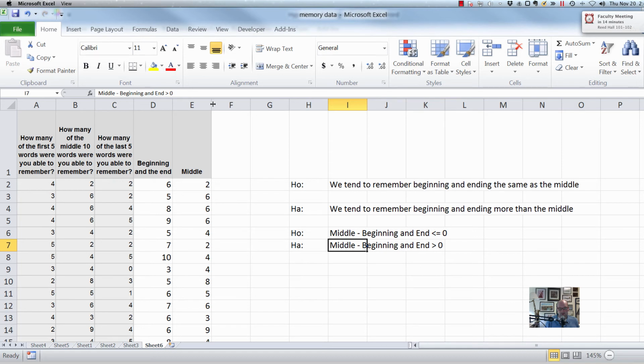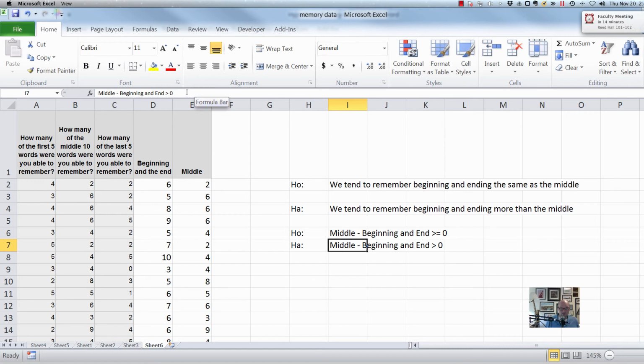And in this case, the middle minus beginning and end is greater. Is this right? Let's see, make sure. So say the middle average was like 6, and the beginning and end was like 10, which seems crazy. That number minus that number is -4. Yeah, less than or equal to 0. Oh no, so I screwed it up. So it should be the other way around. So this is greater than 0.